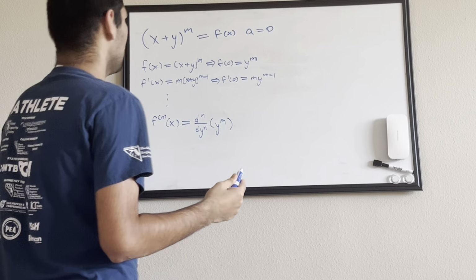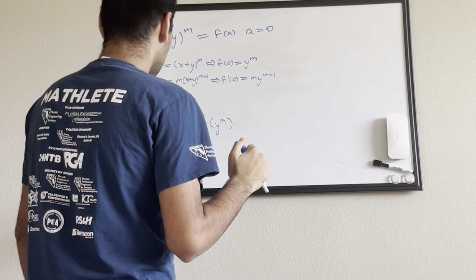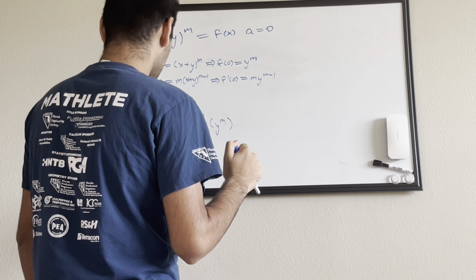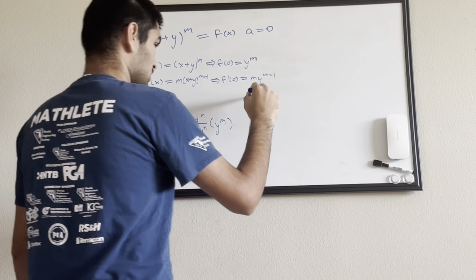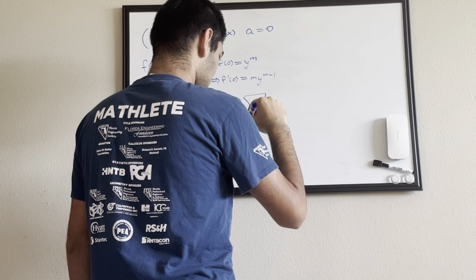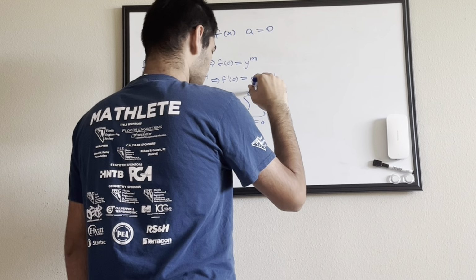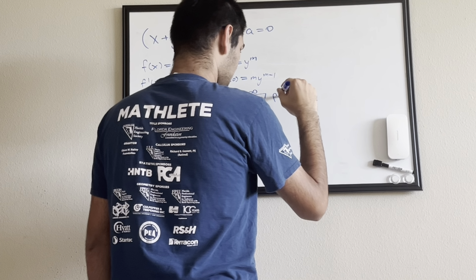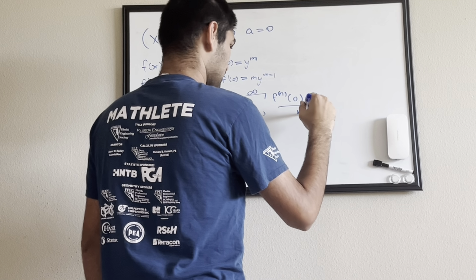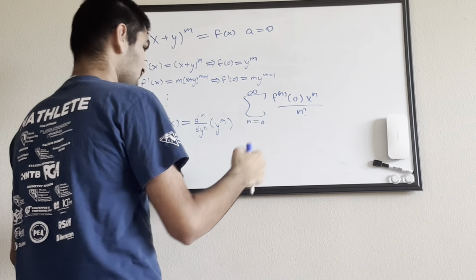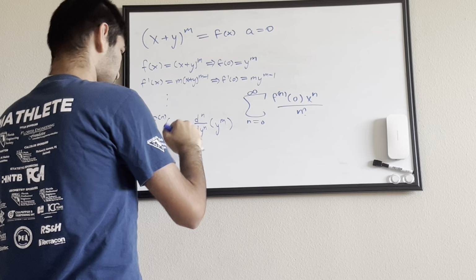Okay? And now we can make the Taylor series. The general form for the Taylor series is as follows. We have the nth derivative, then x to the n over n factorial, and this is actually supposed to be evaluated at 0.